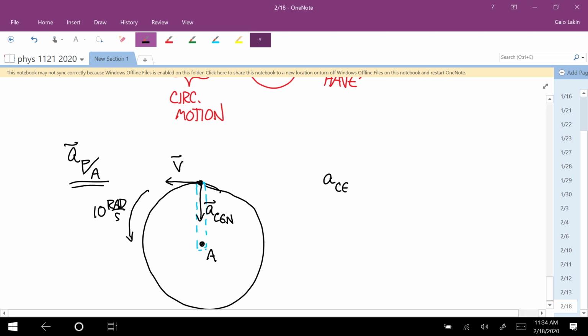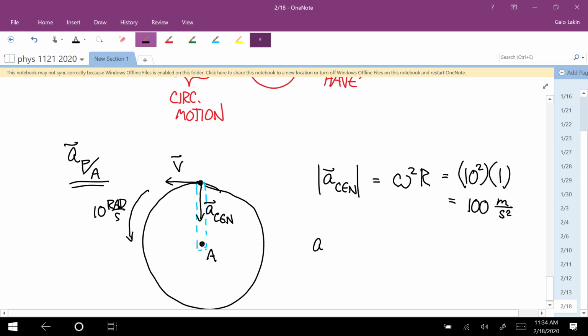The magnitude of the centripetal acceleration is omega squared r. So that's 10 squared times 1, so that's 100 meters per second squared. It's in the negative y direction, so the centripetal acceleration is 0, negative 100.